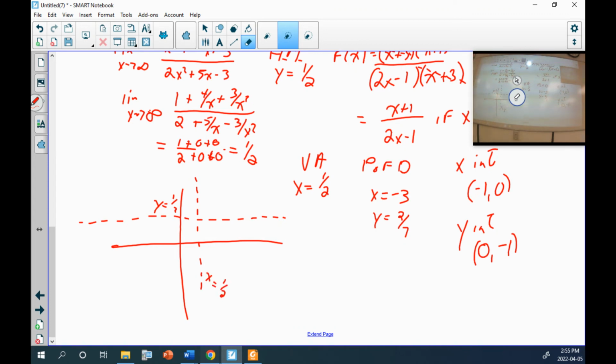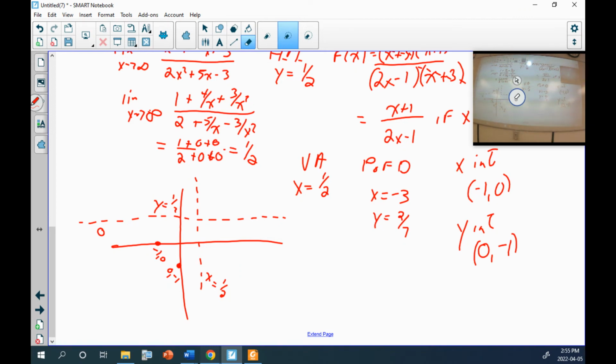We have an x-intercept over here at -1, 0, and a y-intercept down here at 0, -1. And we also have the point -3 and 2/7, which would be somewhere out here, an open dot.